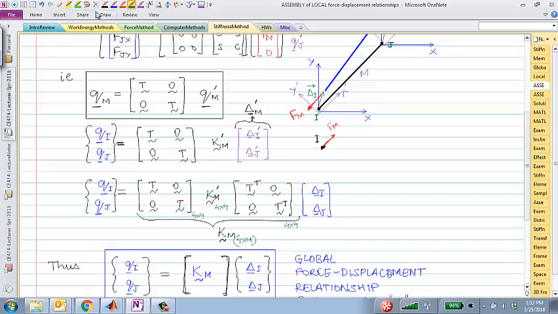And again, just to show you what that might end up looking like, and I know this is all a little bit abstract in terms of all variables, but I'll show you a couple of examples with actual truss members oriented in different directions, and that will hopefully make it clearer.